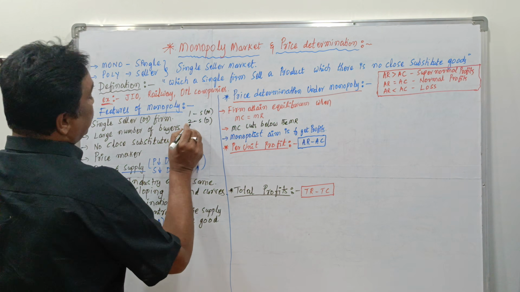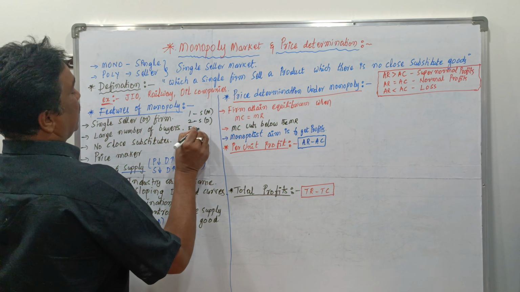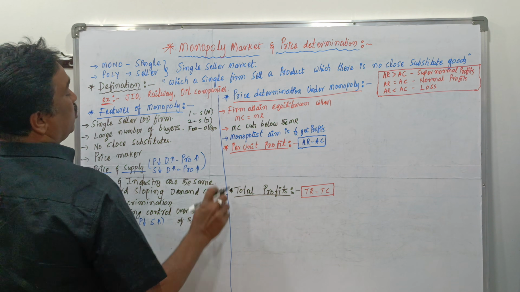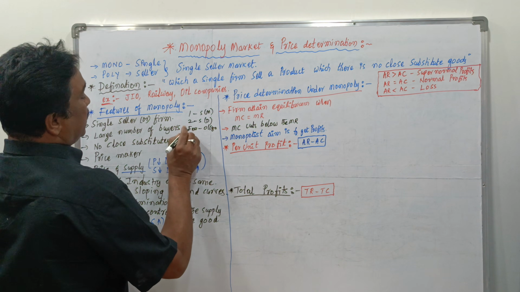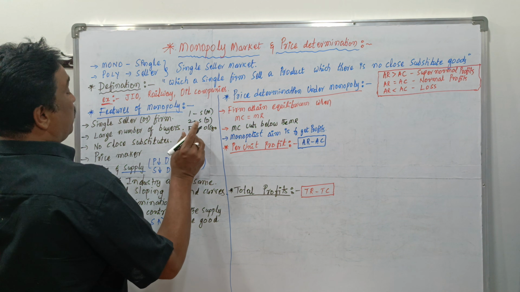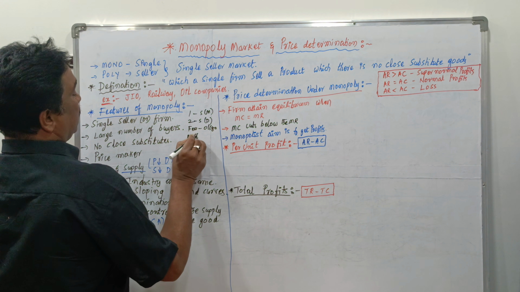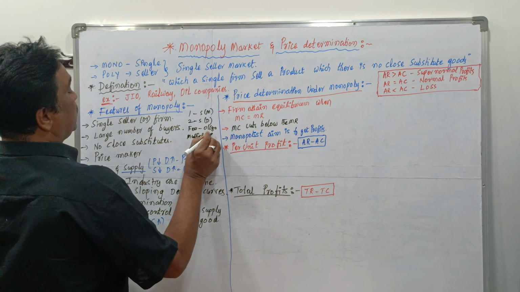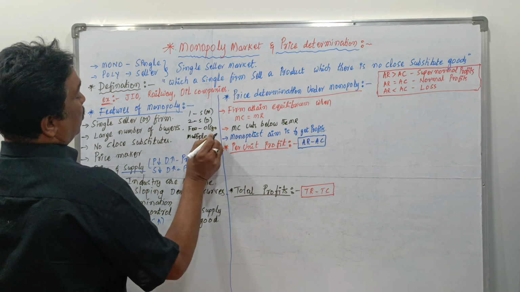If there are a few sellers, that market is called an oligopoly market. And if there are multiple sellers, meaning more than 10 or 20 sellers, that is called a monopolistic competition market.